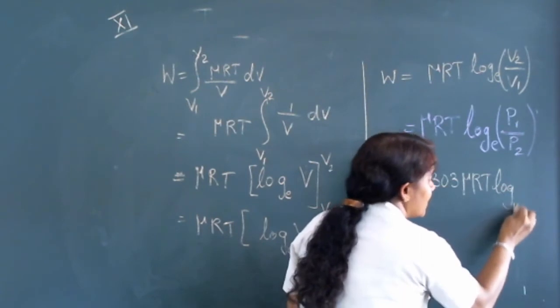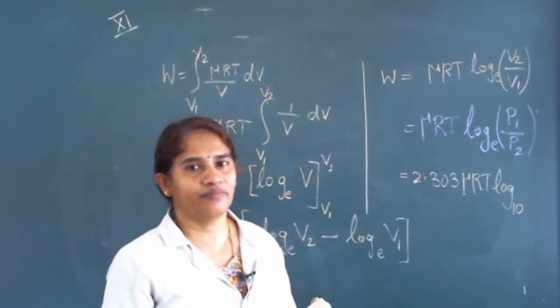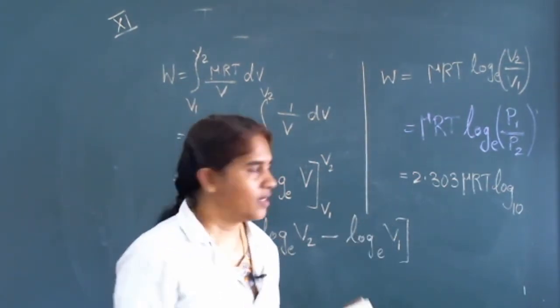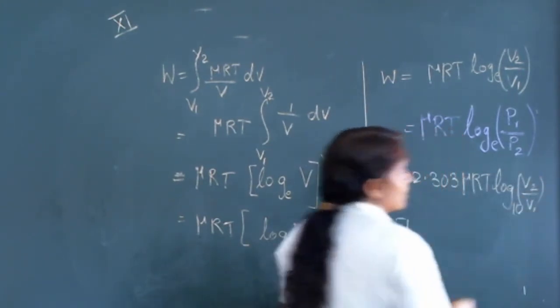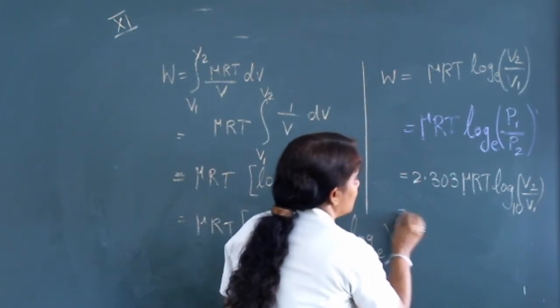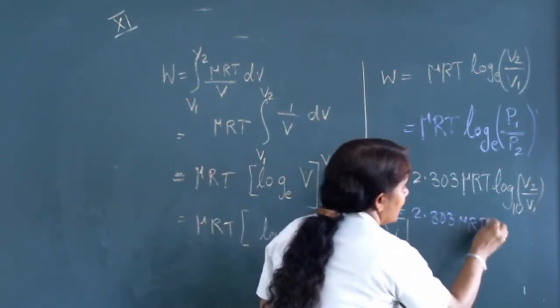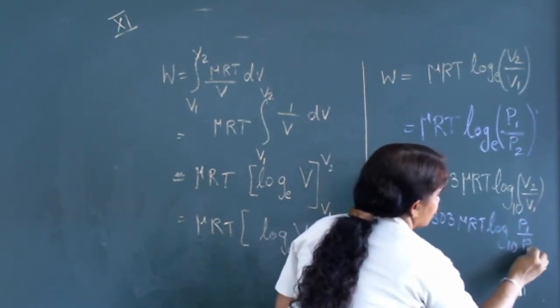log to the base 10 then. Okay, natural log is changing into arithmetic log. Then it will be V2 by V1. Okay, or in terms of pressure, it means 2.303 mu RT log to the base 10 P1 by P2.